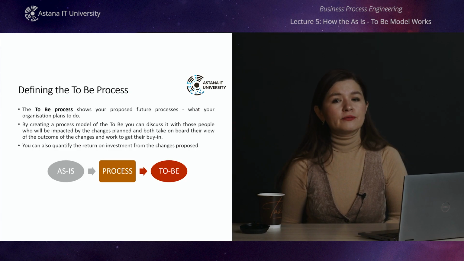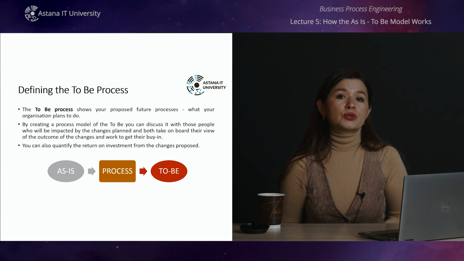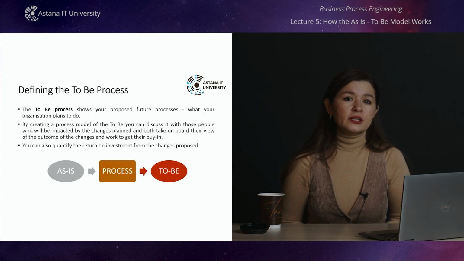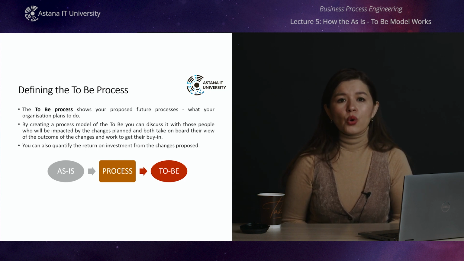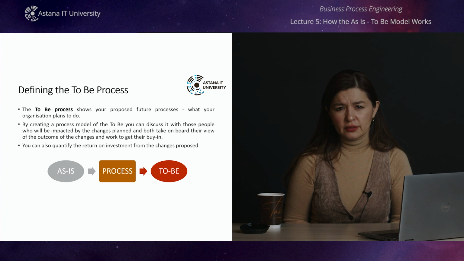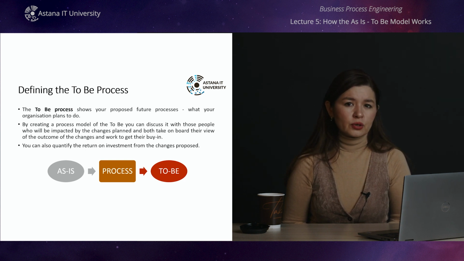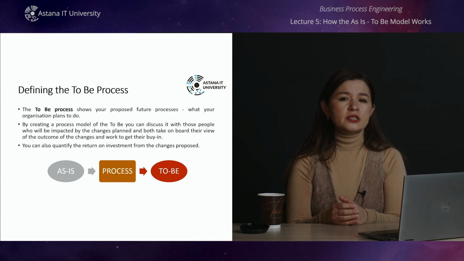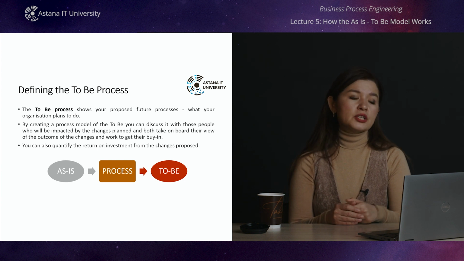The goal here is to gather insights, feedback, and perspectives from those impacted, ensuring that their views are considered in the planning process. Quantifying the return on the investment also would be helpful in making transformation decisions by understanding the potential financial and operational impact of the proposed changes.